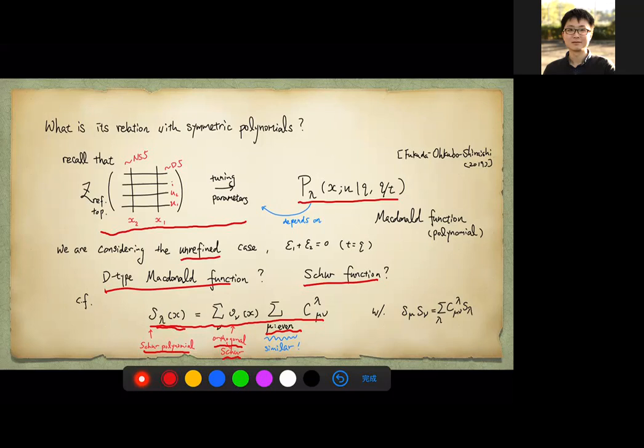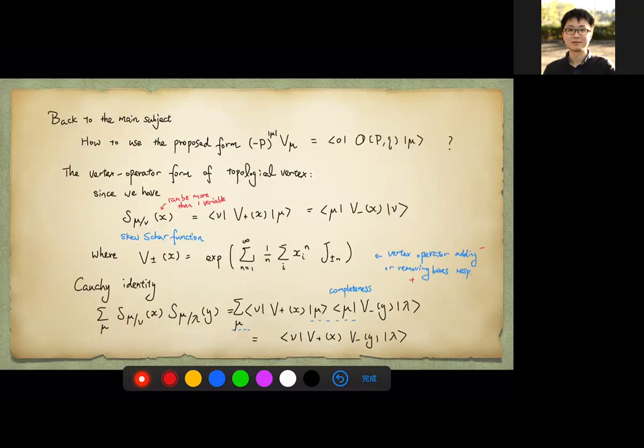Okay, that's enough about this polynomial. Let's go back to the main subject of this talk. So we got the new topological vertex, and we can simply use it to calculate the Nekrasov partition function.